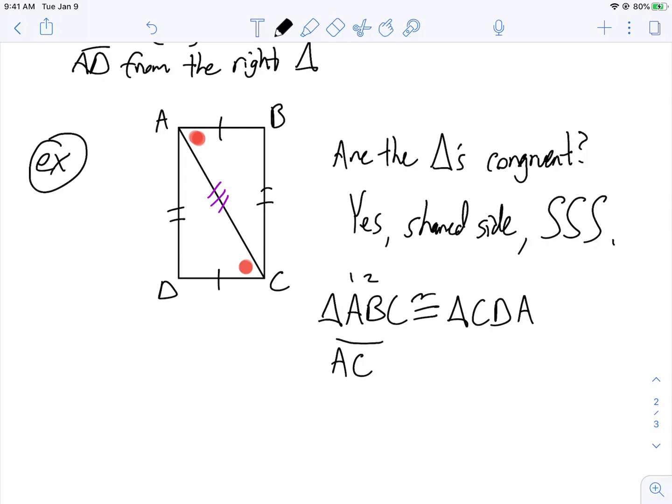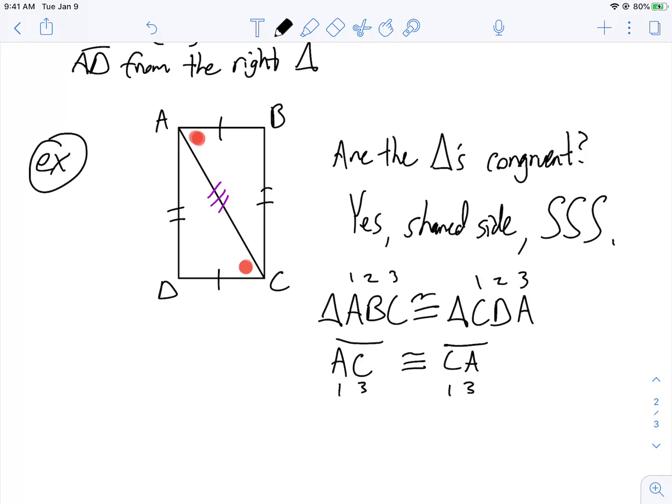We've got 1, 2, 3, 1, 2, 3. This is 1 and 3. It's going to be congruent to 1 and 3. Again, they have to be the same positions, right? So AC is congruent to CA.